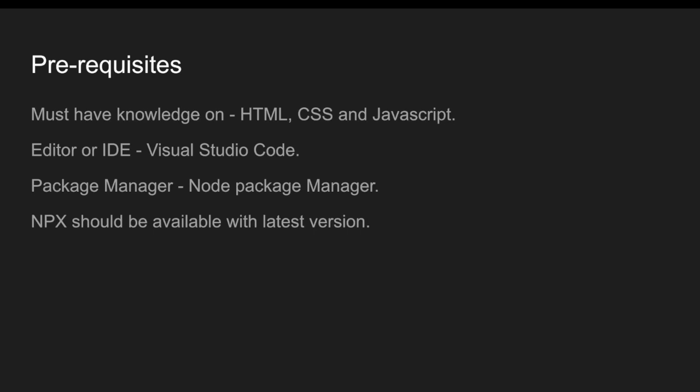If you have the node package manager, automatically you will have access to the npx command. So we can use npx on top of the node package manager, and we can create our React application with a single command, with boilerplate code, and run the application. So in the next video, I'll show you how to download the node package manager, how to use Visual Studio Code, and also how to create your application.